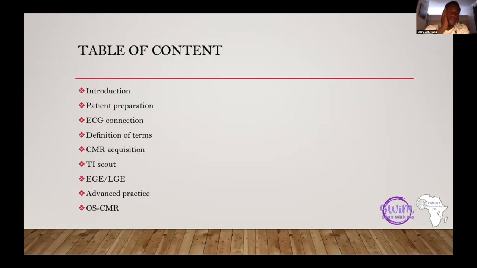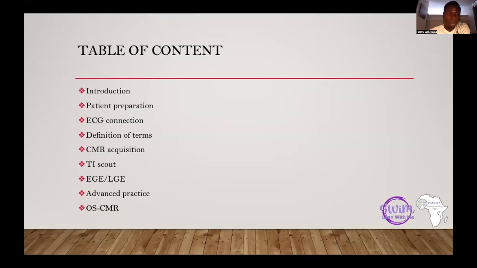I'll be introducing us to cardiac MRI, the preparation of patients. And you also understand that cardiac MRI has to do with some connection with the ECG cables. Different vendors have their various ECG cables. And then thanks to Mr. Surin, who has helped me to define BSSFP, and then the cine images, the perfusion images, and then the oxygenation MRI.